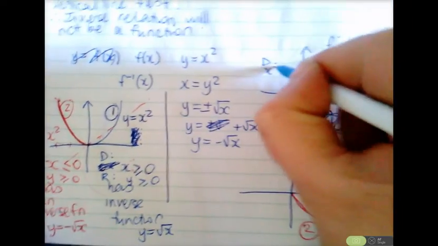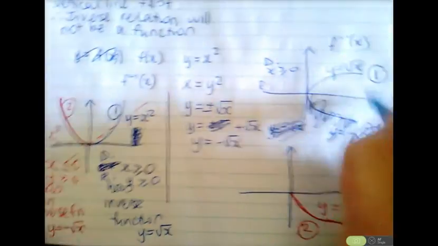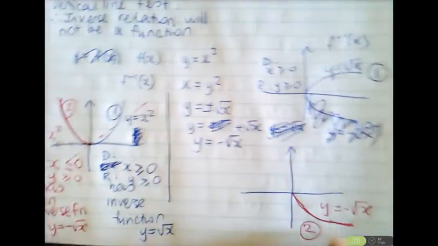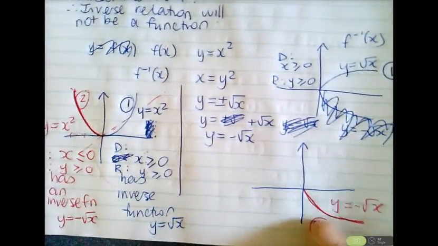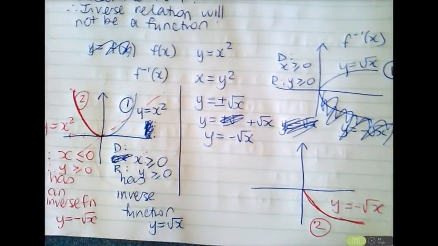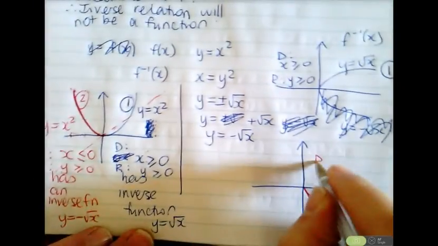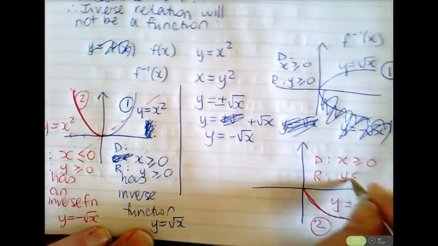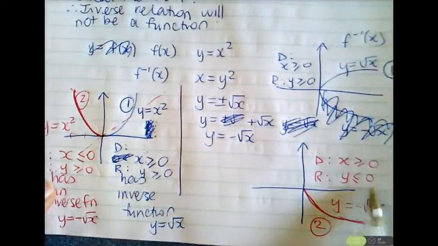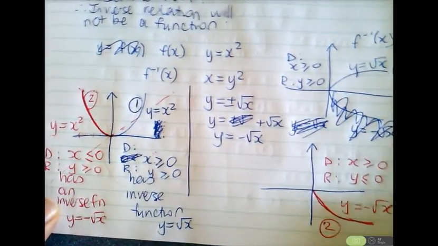Yep, it's the same. And the range is the same, but this one's not. Tell me for this inverse here about the domain. Tell me about the x's. Are they positive or negative? They're positive. X's are positive, y's are negative.